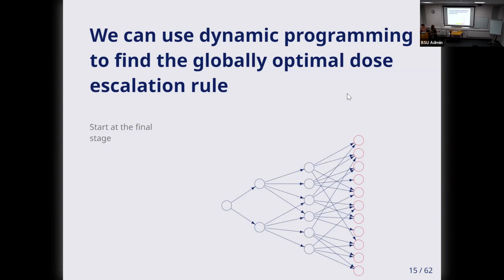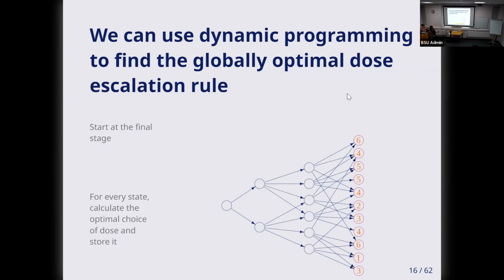So suppose we're at one of these final stage states. We are going to calculate the posterior expected loss associated with choosing each of the possible doses, so dose 1 through to dose 6, and then we will choose the dose that minimizes that posterior expected loss. And we will store that decision, the optimal decision, and we'll also store the value of the posterior expected loss associated with that decision.